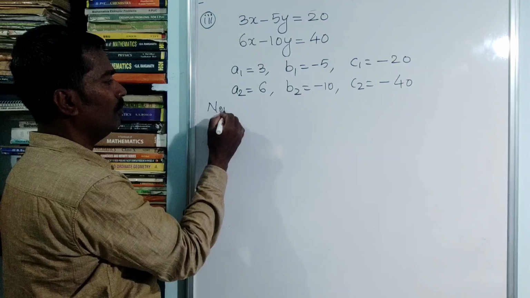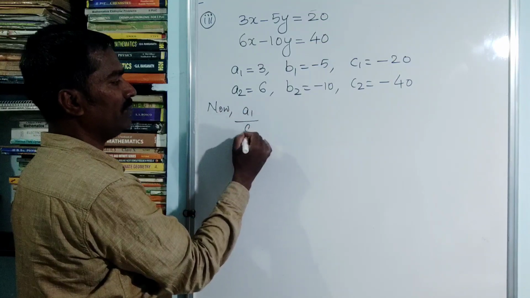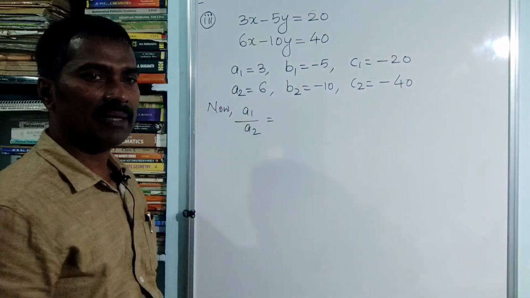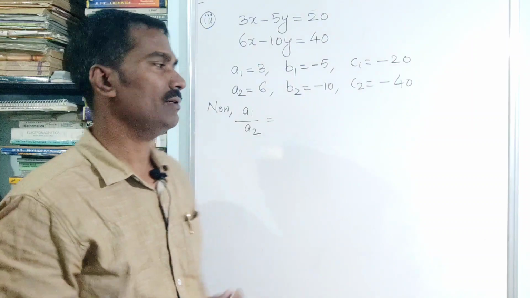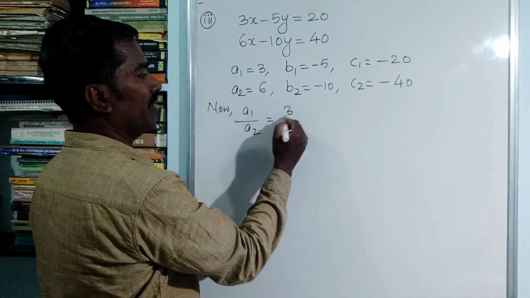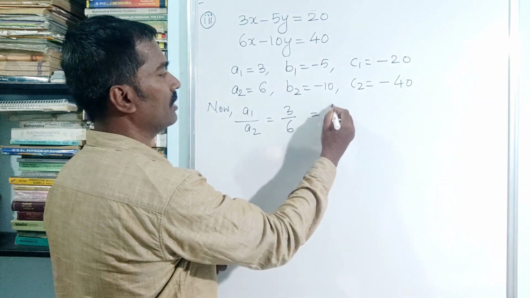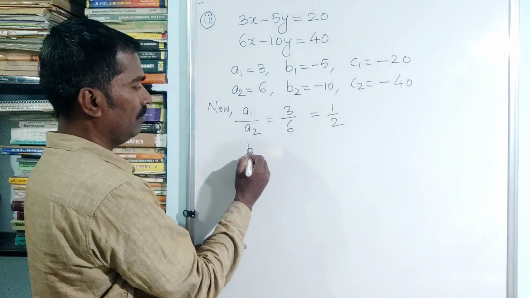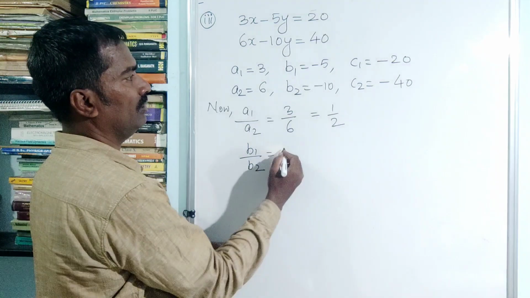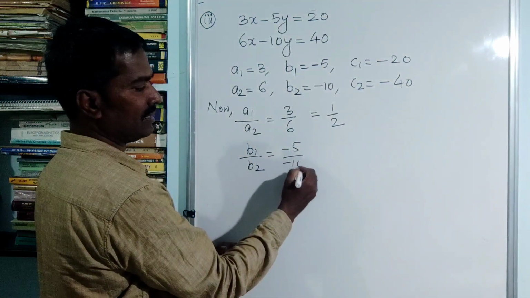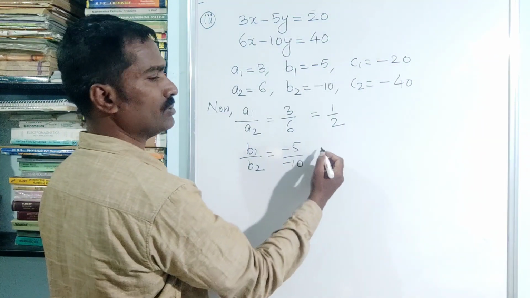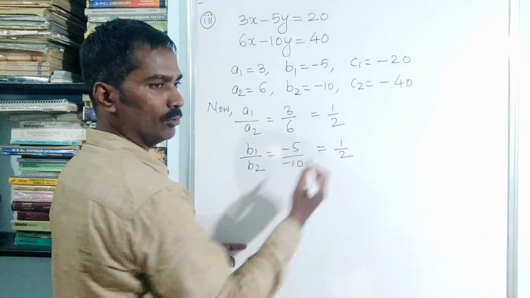Now we are finding the values of a1 by a2, b1 by b2 and c1 by c2. a1 by a2 is 3 by 6, which is 3 ones are 3, 3 twos are 6, so 1 by 2. b1 by b2 is minus 5 by minus 10. Minus cancels. 5 ones are 5, 5 twos are 10, so 1 by 2.